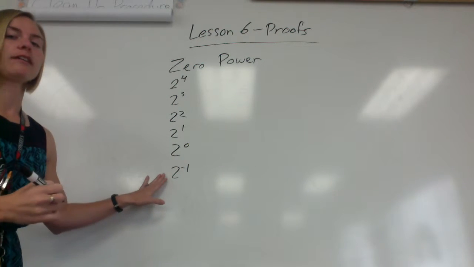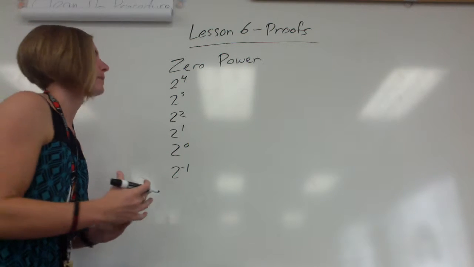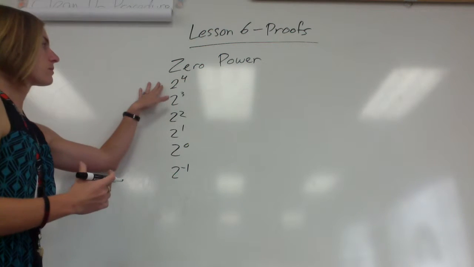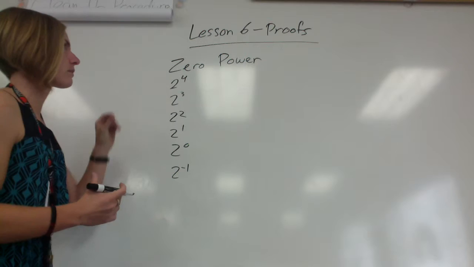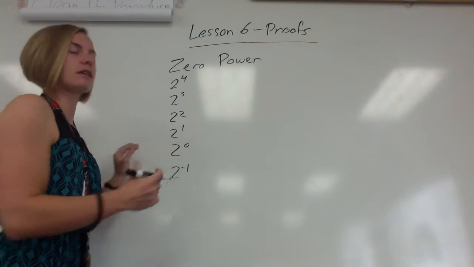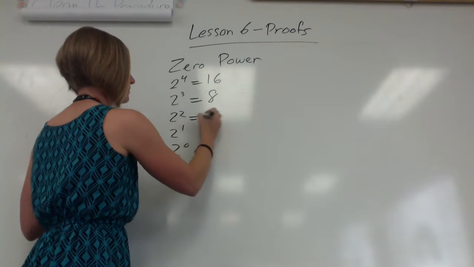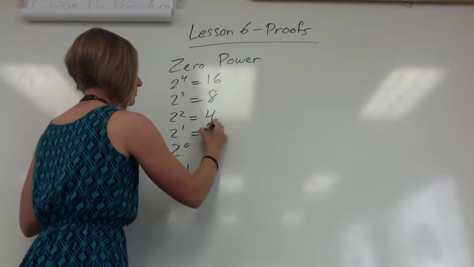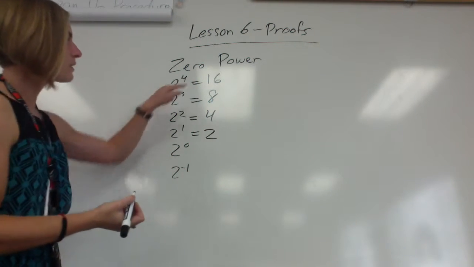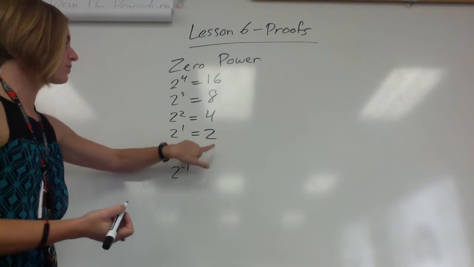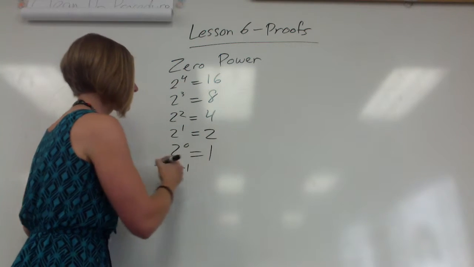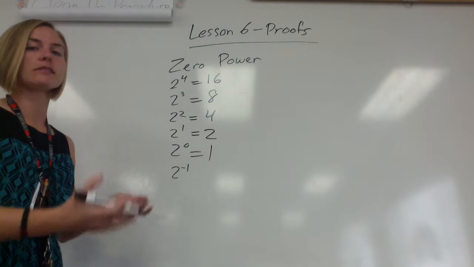Okay, and I've thrown in a negative 1 just so we can see what happens. Okay, so 2 to the 4th is 16, if I'm not wrong. This is 8. This is 4, 2. So we can see each time it's dividing by 2, so 2 divided by 2, so this has to equal 1. So 2 to a 0 has to equal 1.